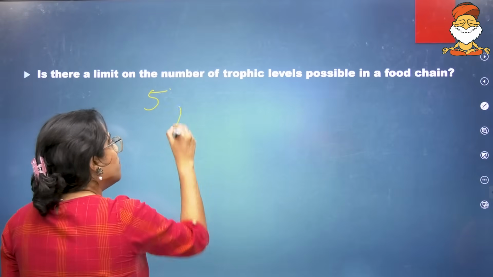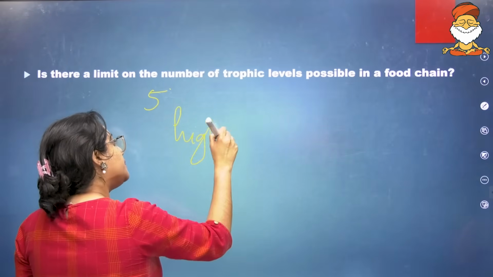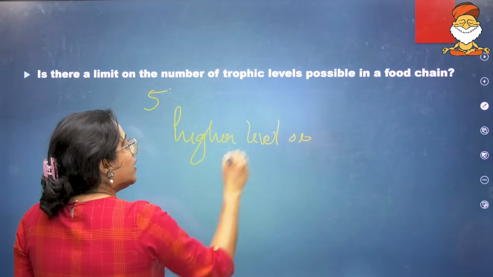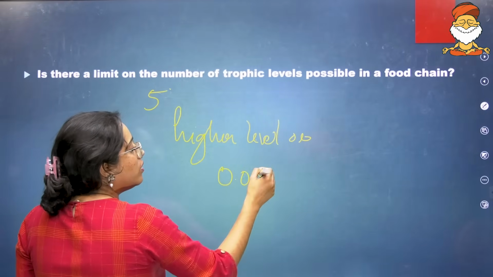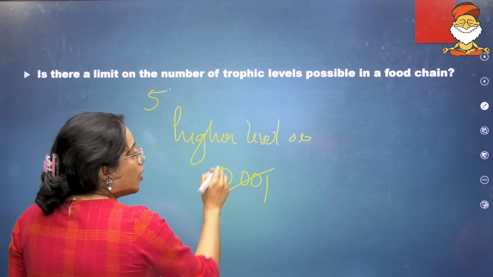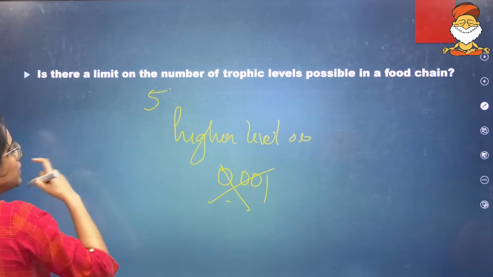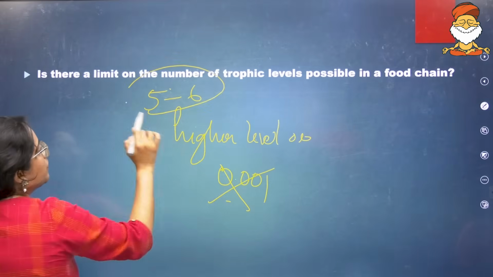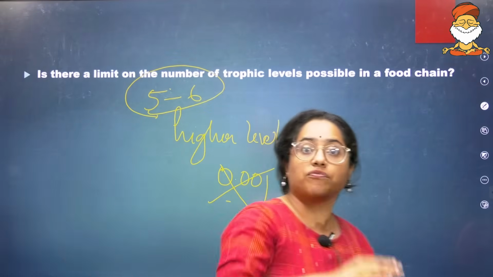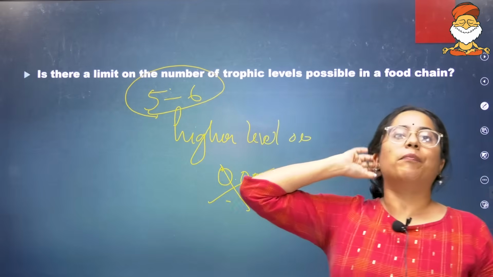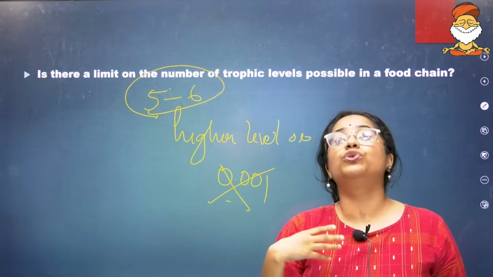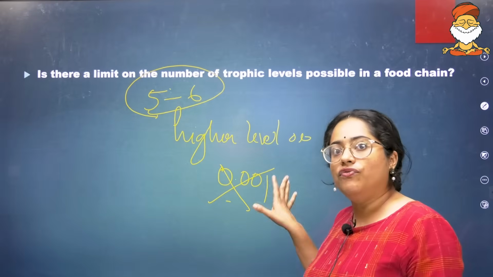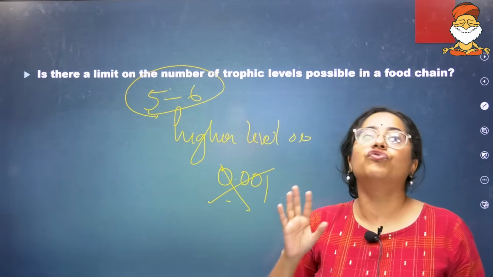It will be a much higher level organism, but it will get a very minuscule level of energy, and this is not sufficient for its functioning. So you will see that the highest trophic level possible is 5 to 6, not beyond that. If you have much higher levels, it defeats the purpose of the food chain being in action, because the food will not give enough energy for a higher level organism to function.